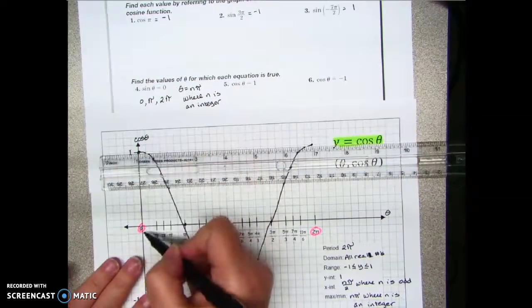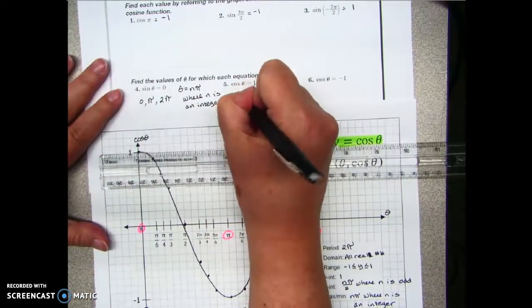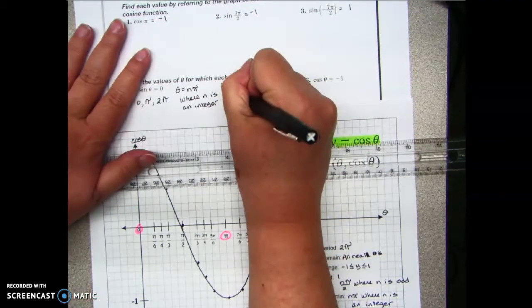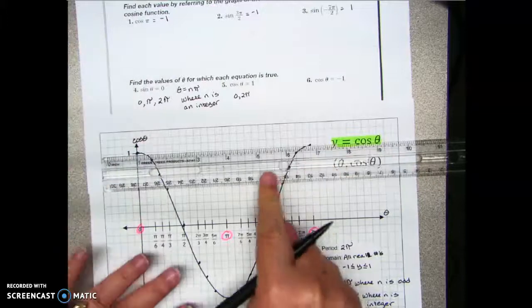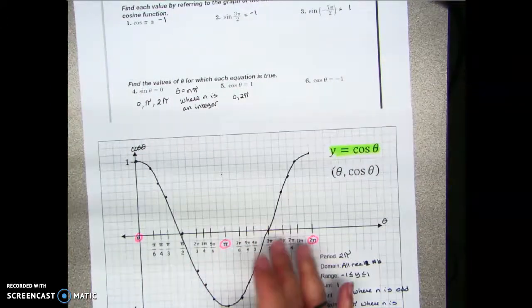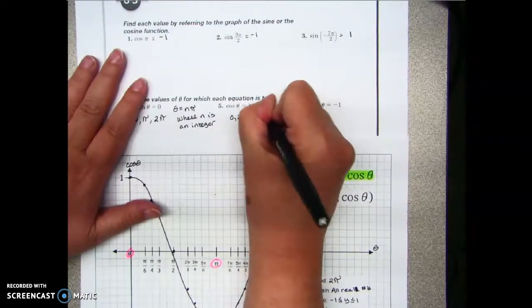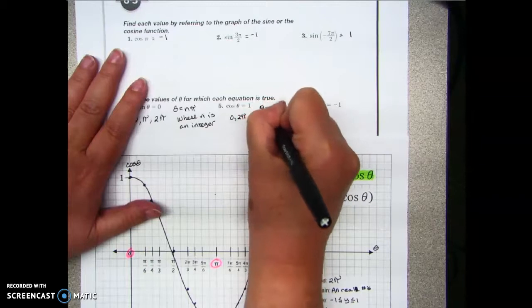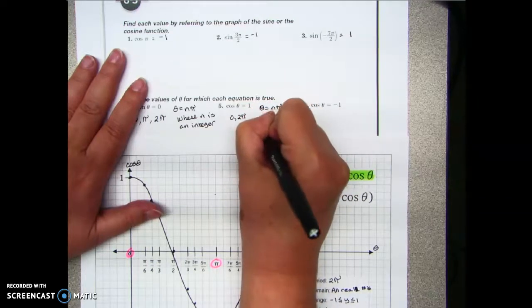So that's happening when theta is equal to 0, and then again when theta is 2 pi. Then the next time it's going to happen is at 4 pi, etc. And so we can say that theta is equal to n times pi, where n is an even integer.